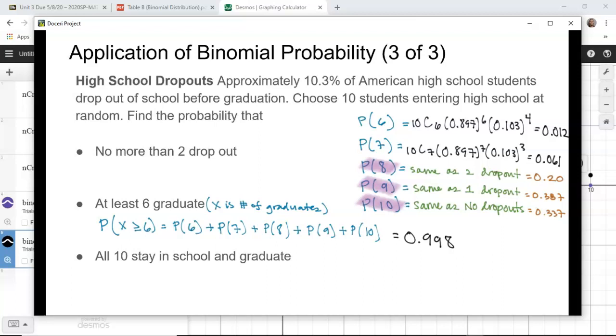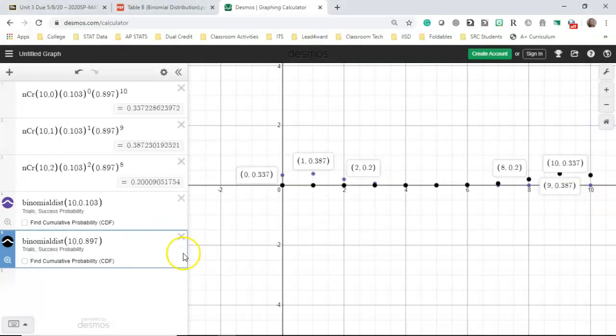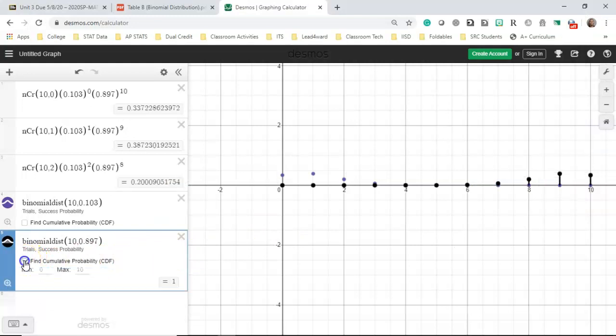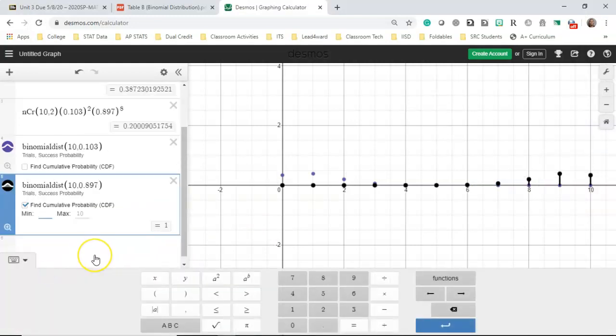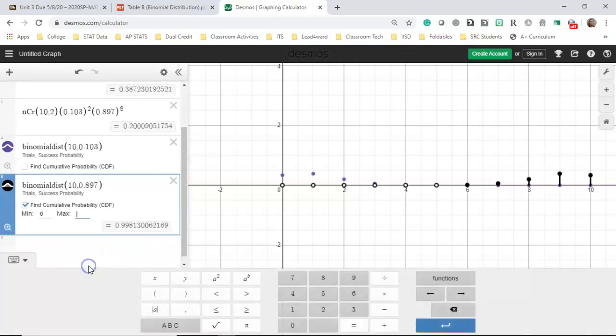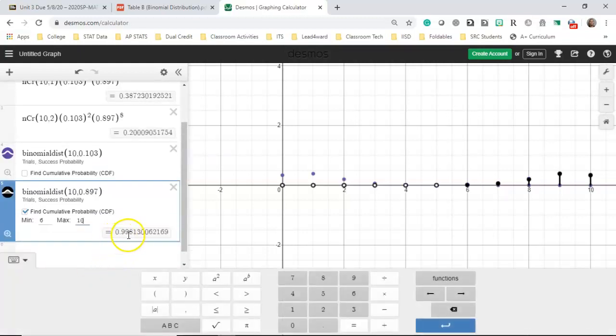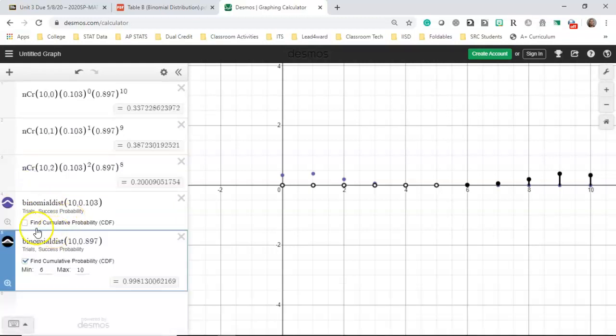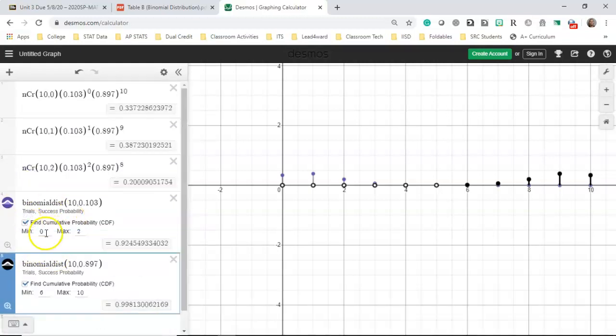So if I go back to Desmos and use my cumulative distribution on this from 6 to 10, we get 0.998. Now, if at least 6 students graduate, that's the same as saying no more than 4 students drop out.